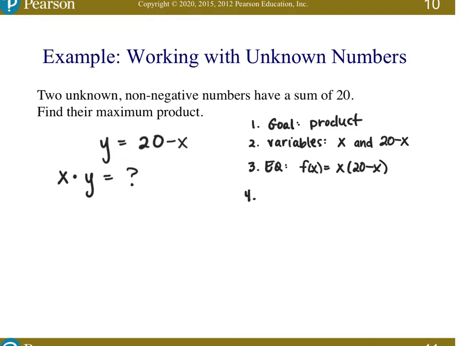And so I'll find the derivative, which would be 20 minus 2x. I'll set that equal to 0. So x is 10. And if x is 10, y is 20 minus 10, so that's also 10.